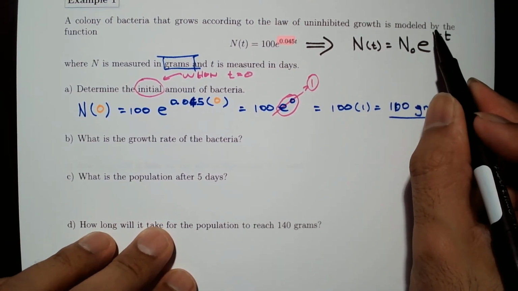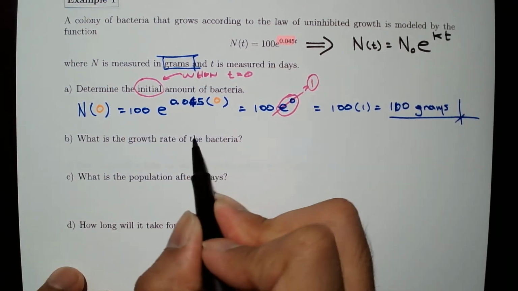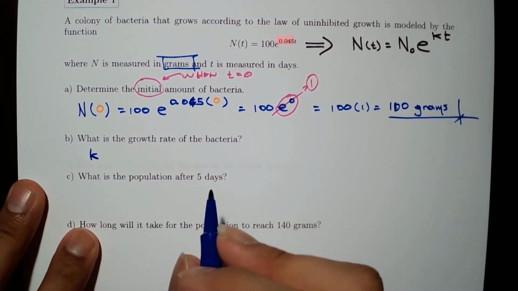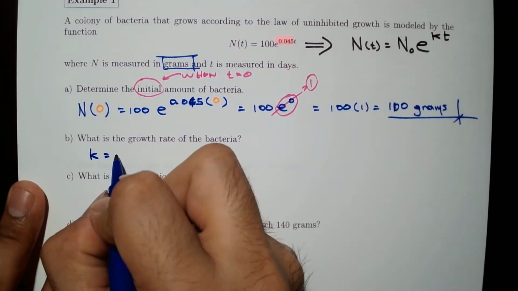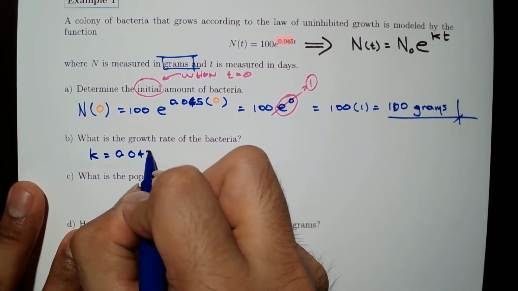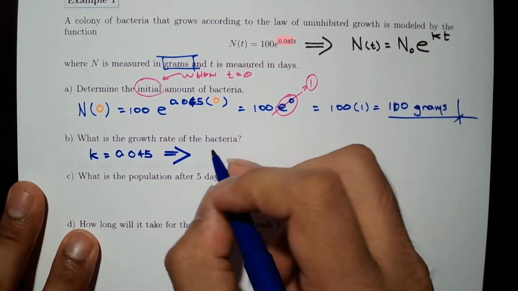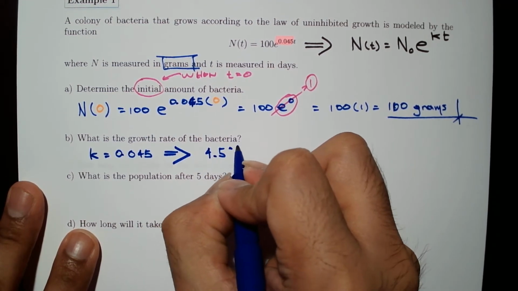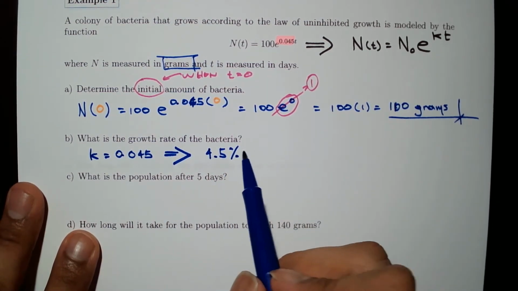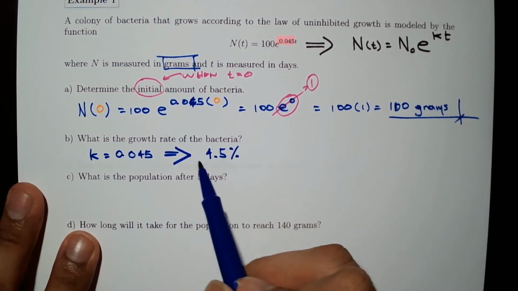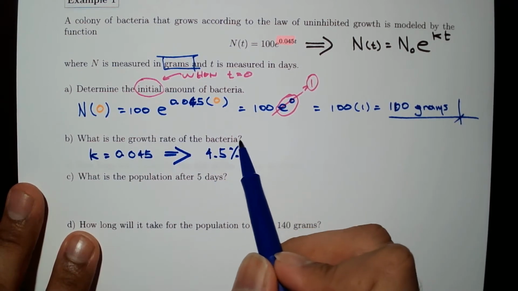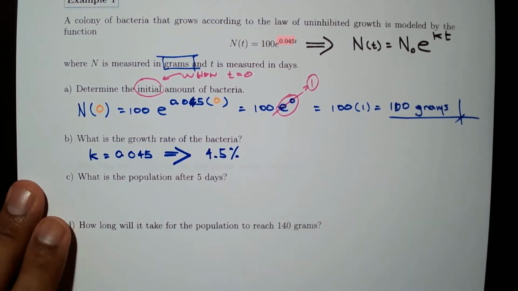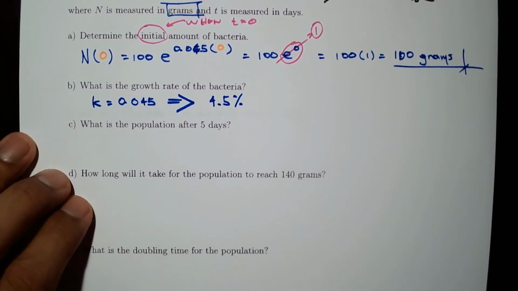We put it as a decimal in the function, but when they ask us for the growth rate, we need to change that into percent form. That is 4.5%. So with every day that passes, the bacteria colony gets larger by 4.5% every day.